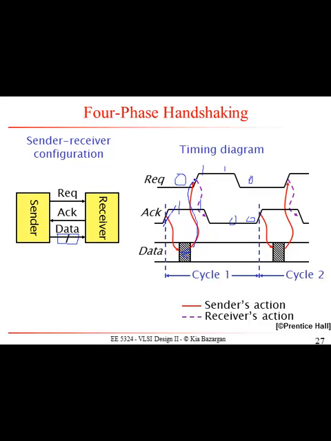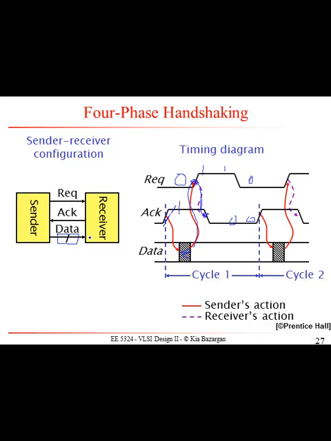So the sender is going to say, data is ready, I'm going to send a request to you. And the receiver probably is going to receive the data and do computation on it. So once it receives the data, it's going to acknowledge that, yes, I received the data, I'm doing the computation on it, and the buffer is empty. You can go ahead and load the data on it again.